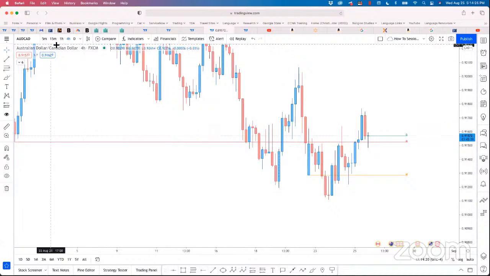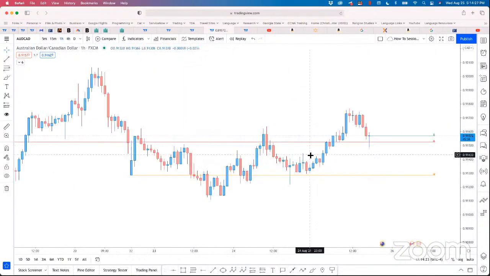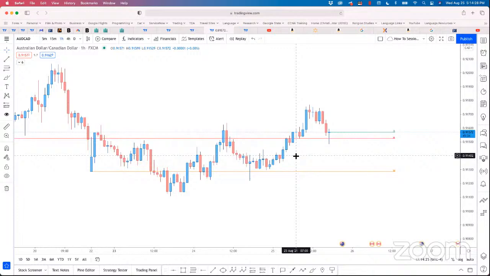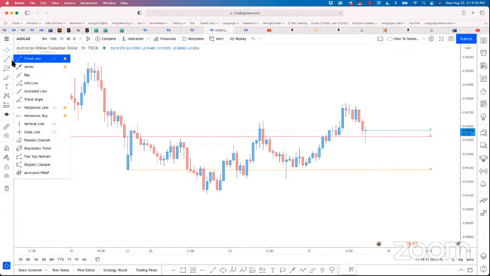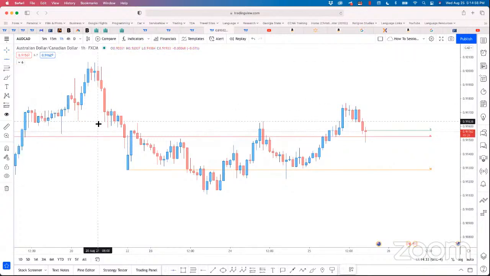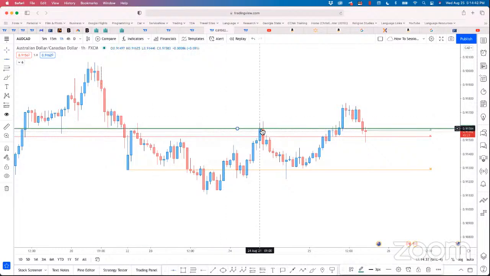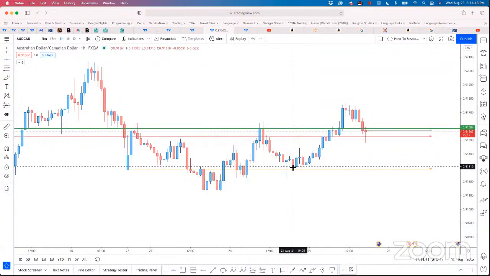So basically, when you're trying to determine what a break and retest looks like, let's assume we had this high that's right here, boxed off, and we had this low boxed off right here.